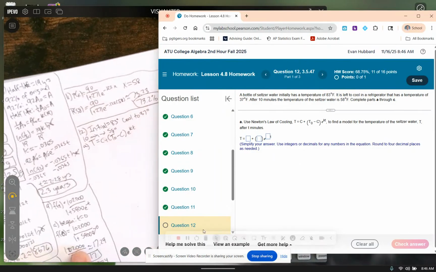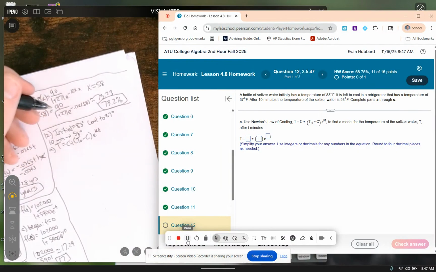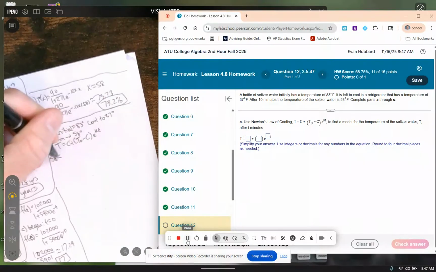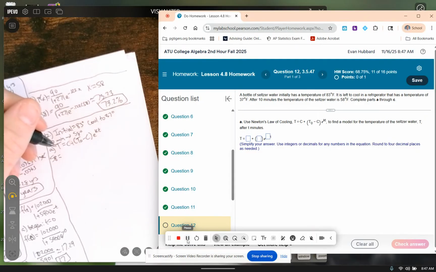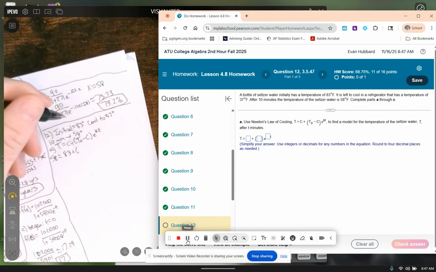Okay, so first off, I've got to find the constant. I know the temperature after 10 minutes is 58 degrees, and the initial amount is 83. So 83 degrees plus, sorry, I had this backwards here.